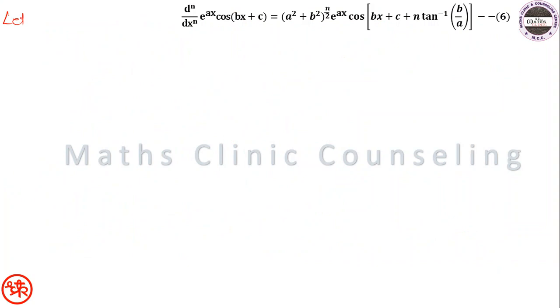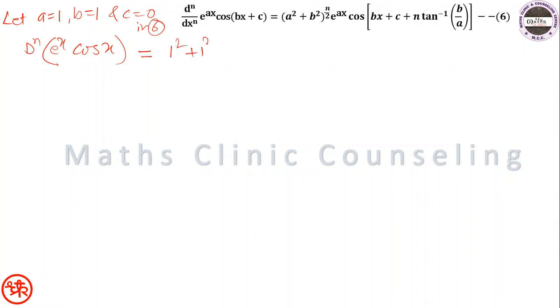Now here we put a is equal to 1, b is equal to 1 and c is equal to 0 in formula number 6. तो आपको क्या मिलेगा? dn of e to the power x into cos x हो जाएगा. It is equal to 1 square plus 1 square raised to the power n by 2 e to the power x cos of 1x plus 0 plus n tan inverse of b by a, कितना होगा? 1.